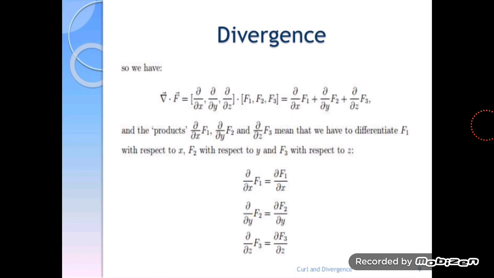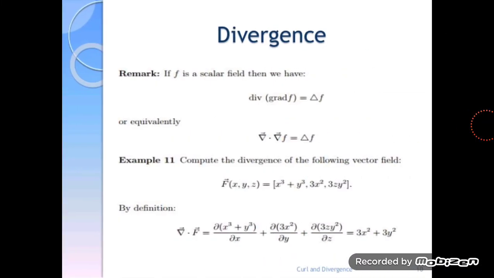Del by del x of f1 can be written as del f1 divided by del x. Similarly, del by del y of f2 can be written as del f2 divided by del y, and del by del z of f3 can be written as del f3 divided by del z.